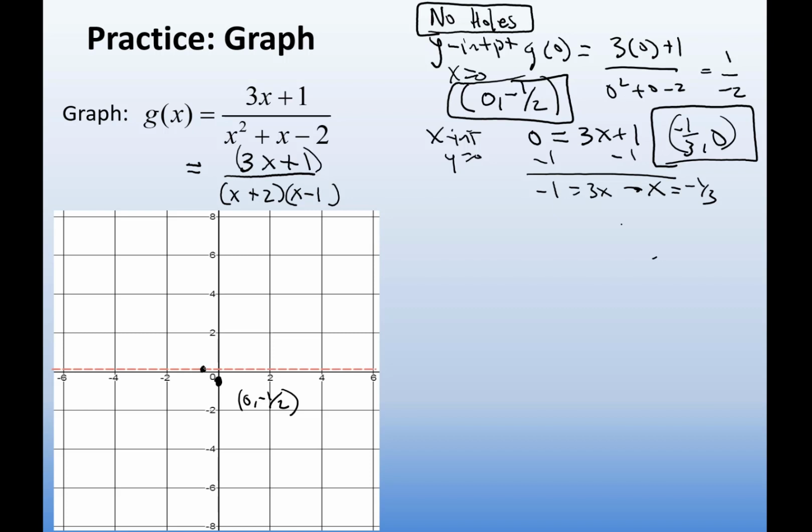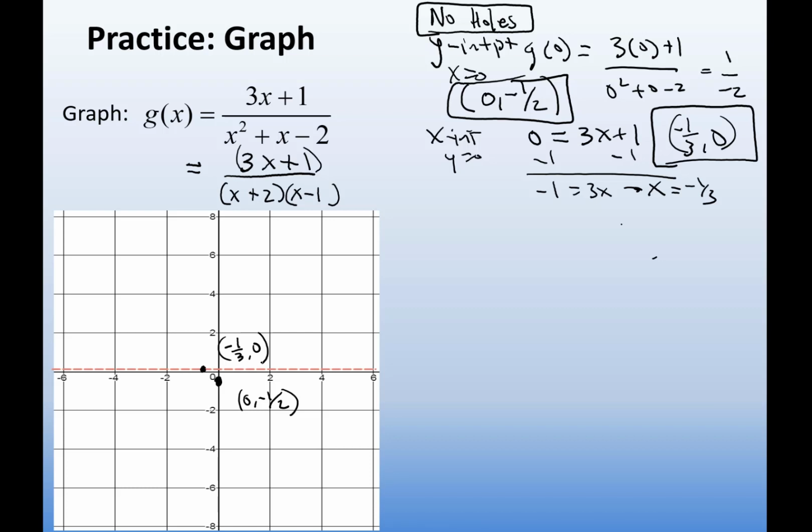But roughly, when we graph, it's going to be over here. And so I'm going to fill that in. That point is negative 1/3, 0. Okay. Let's see. So we've got holes, y-intercept, x-intercept.